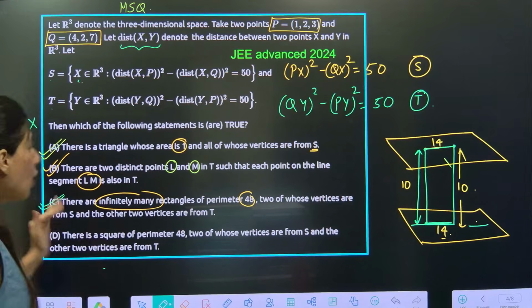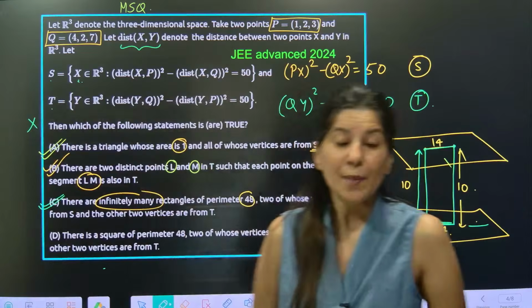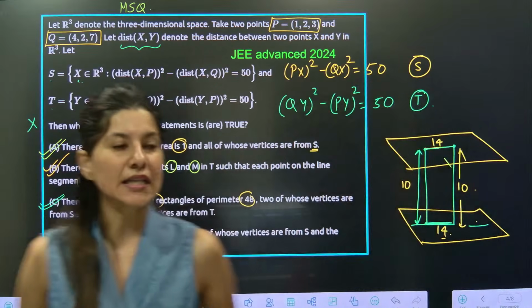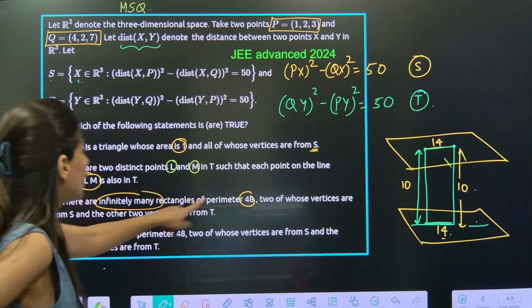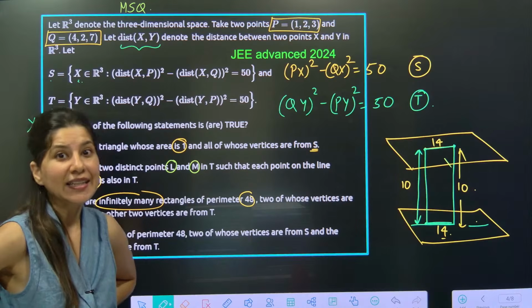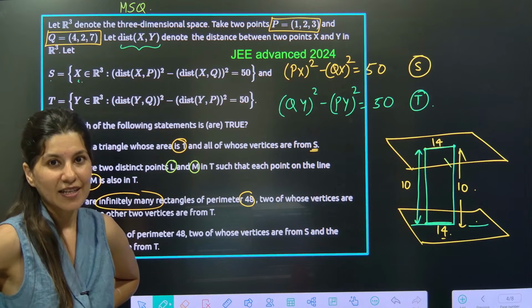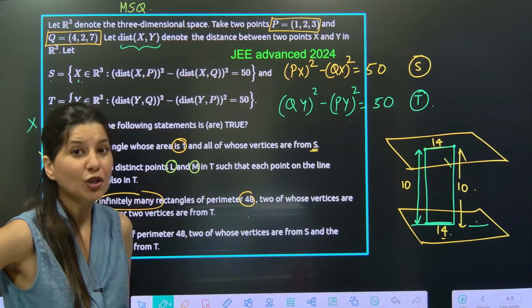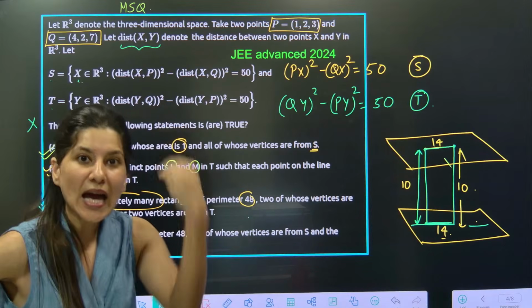Okay. Now option D. By the way, suppose instead of 48 they would have given the perimeter as 20. Then option C would be absolutely wrong.